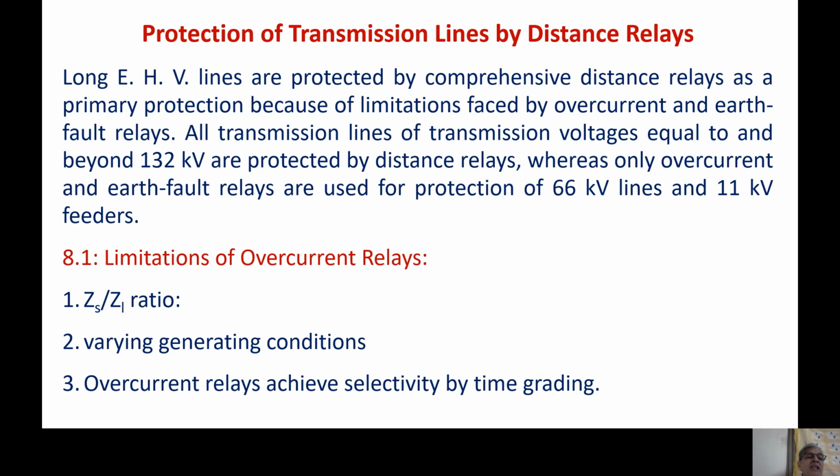If ZS by ZL is high, you can ignore ZL with reference to ZS, and therefore the current will be more or less equal to E upon ZS for two different locations of fault. So those two different locations cannot be discriminated, because fault current is more or less the same and time of operation is more or less the same.